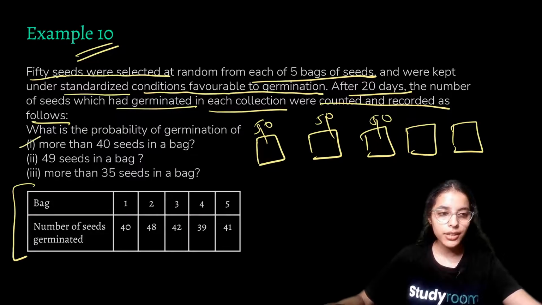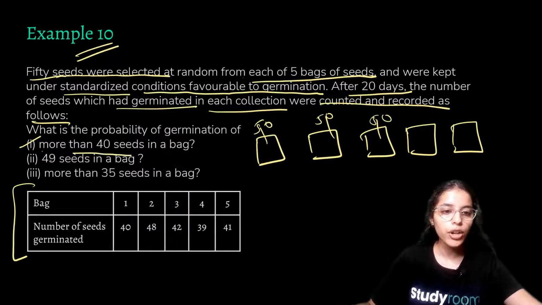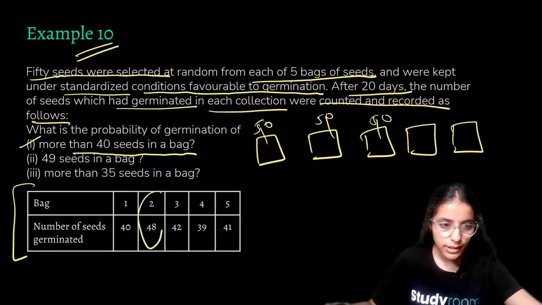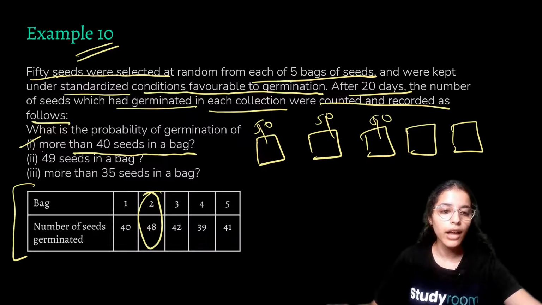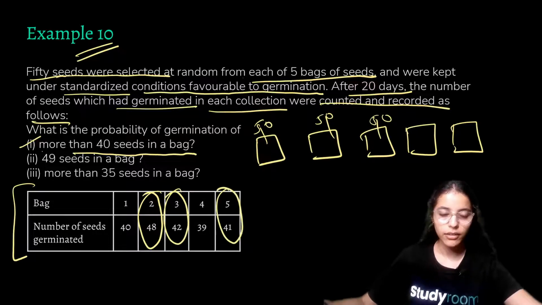In our first part, we have been asked to find the probability of germination of more than 40 seeds in a bag. Now let us see where we have got more than 40 seeds. In bag 2 we have got more than 40, then in bag 3, and then in bag 5.